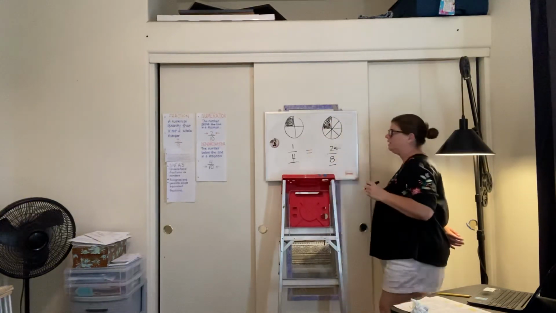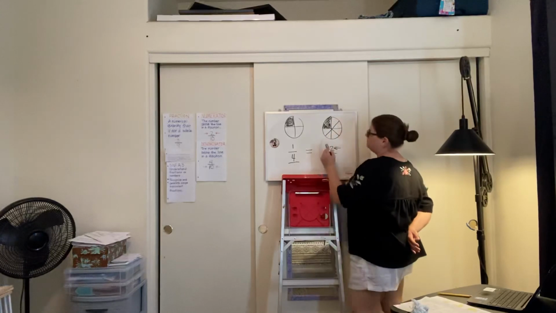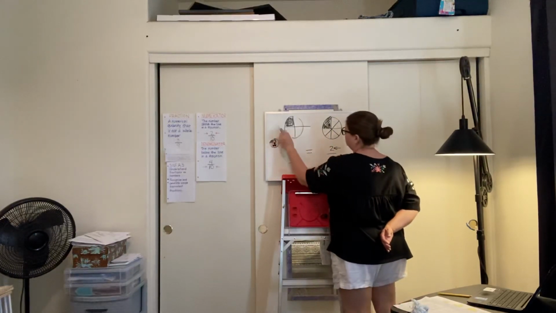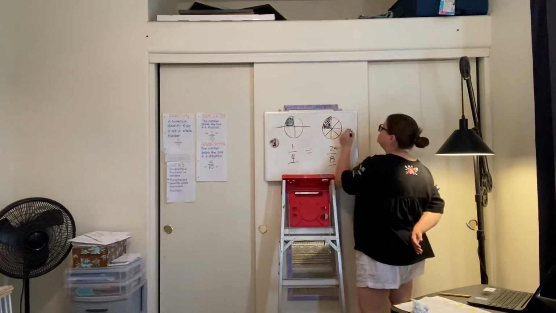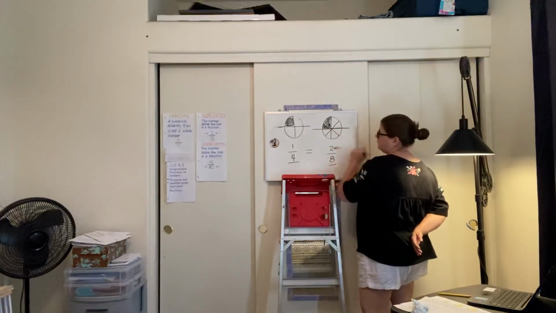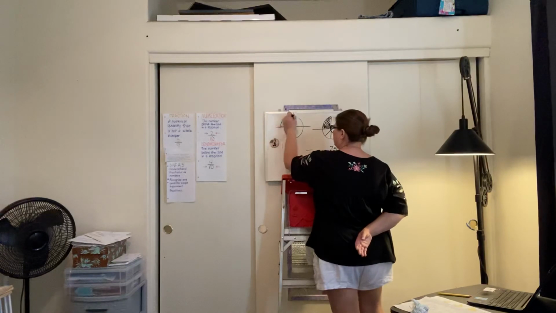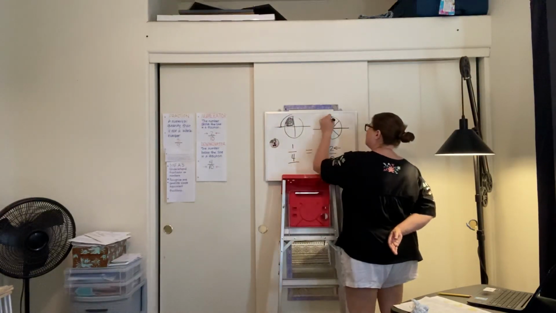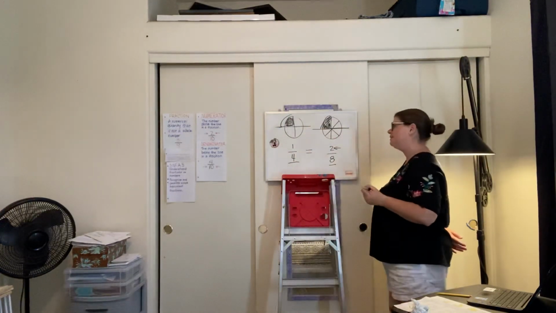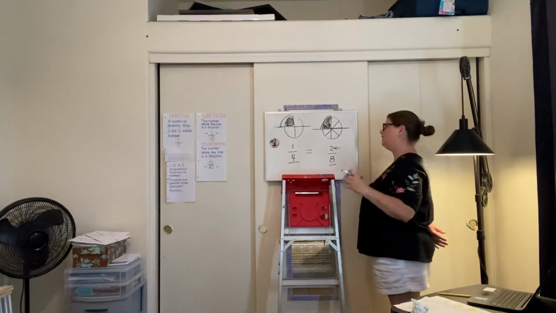Okay, now again, if we look at the diagrams, okay, I'm going to extend this line out here. And I'm going to do the same thing here. If we look at these, we'll notice, okay, that the same part is shaded on both.